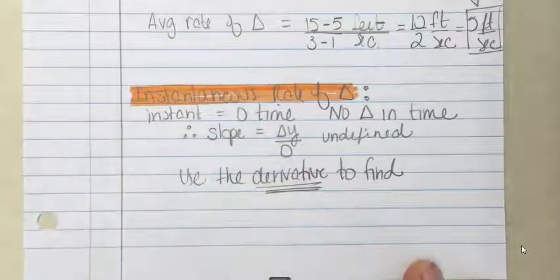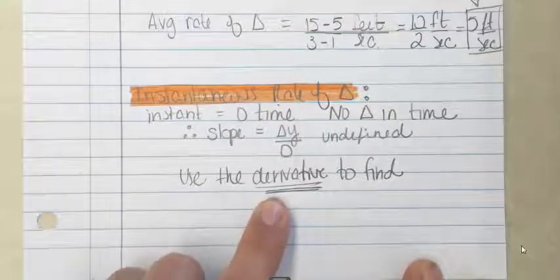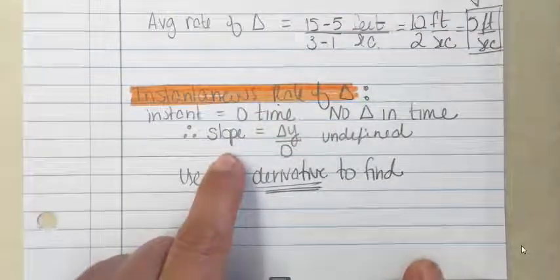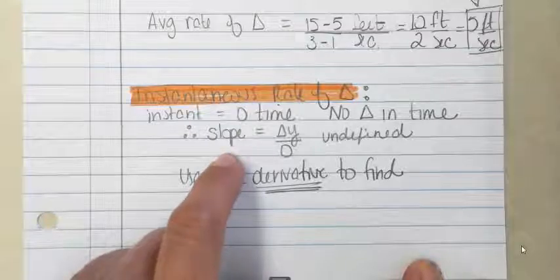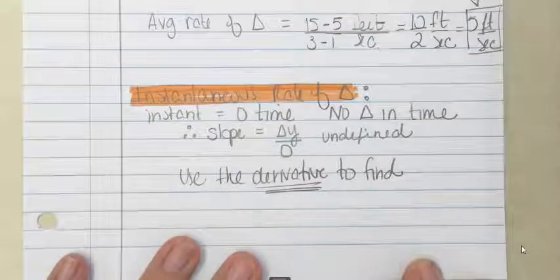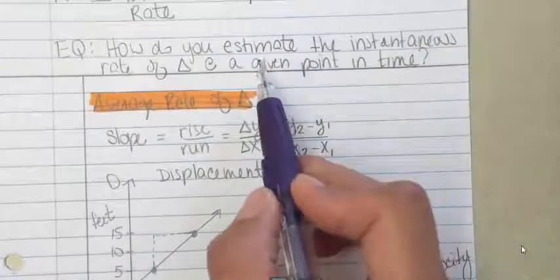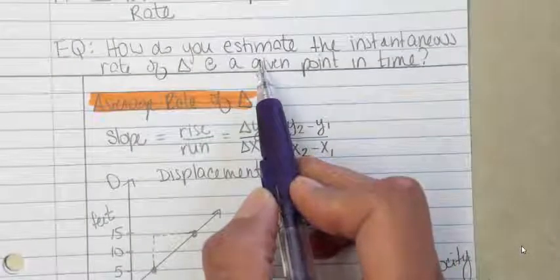Now, we can get really, really close to finding the derivative using our slope formula, using this average rate of change. But we're only going to be able to estimate it. We're not actually going to find the actual instantaneous rate of change, which is why our essential question said, how do you estimate the instantaneous rate of change?